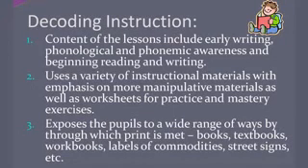The content in decoding include early writing, phonological and phonemic awareness, and beginning reading and writing. We will have to work on a lot of multisensorial instructional materials to meet these objectives, and we should expose them to a wide range of print for them to develop decoding.